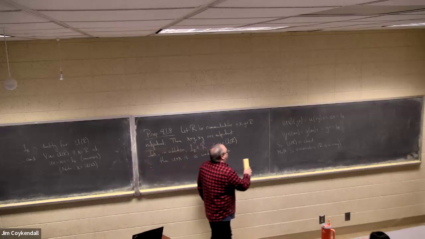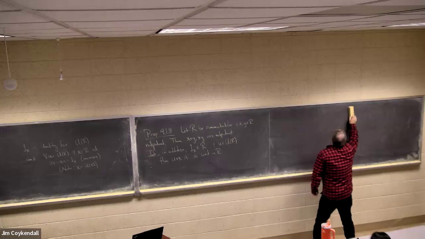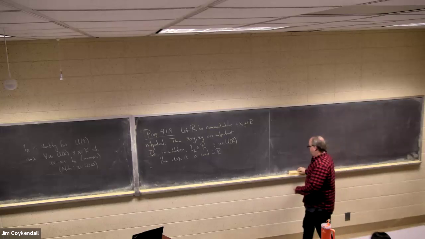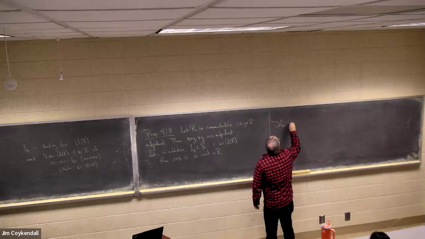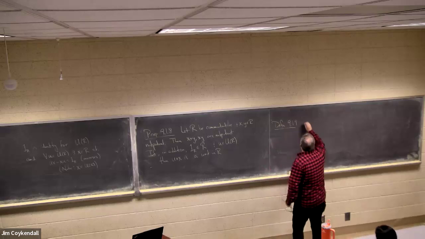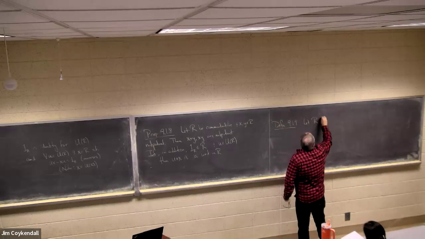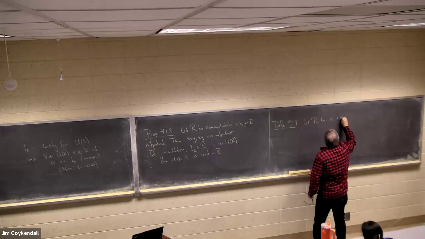Definition. We kind of flirted around with this a little bit. Let R be a ring with identity.